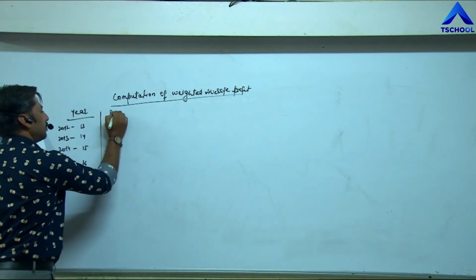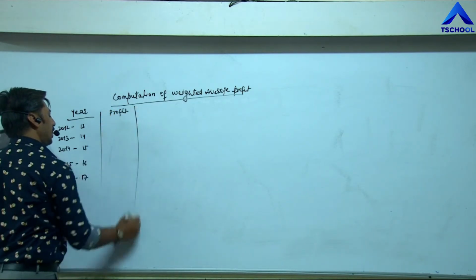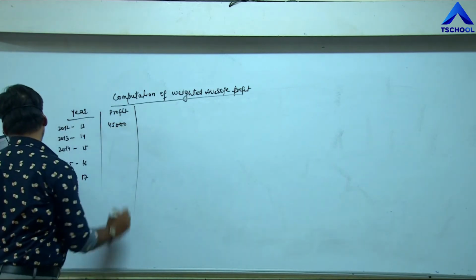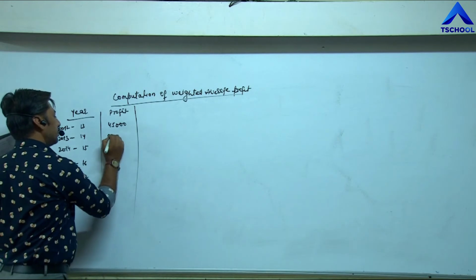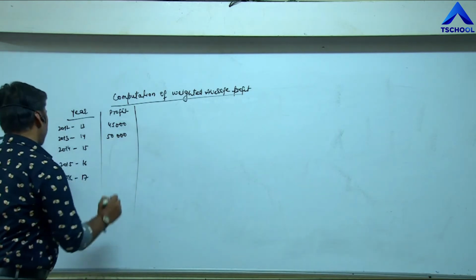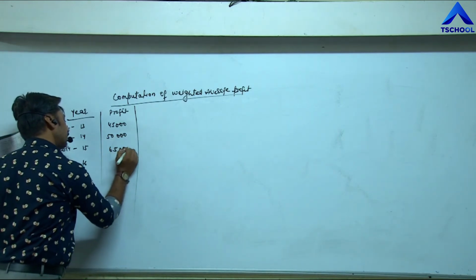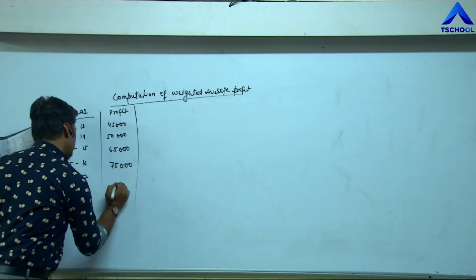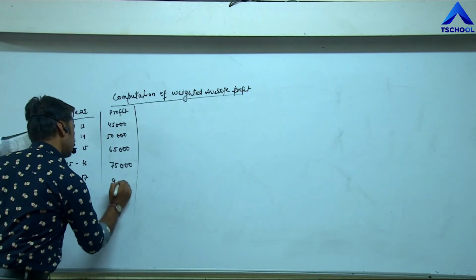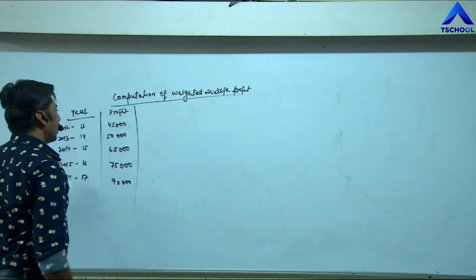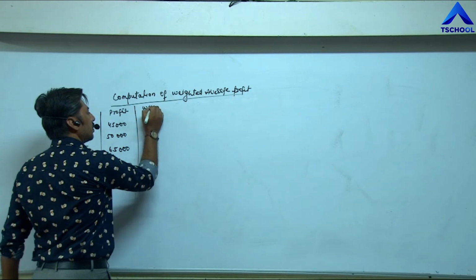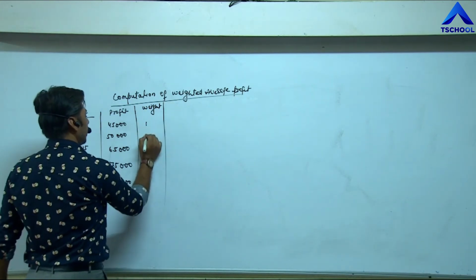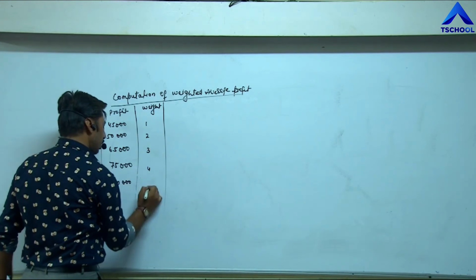Then profit is given: 45,000, then 50,000, then 65,000, then 75,000, and last 90,000. Now weight: 1, 2, 3, 4, 5.